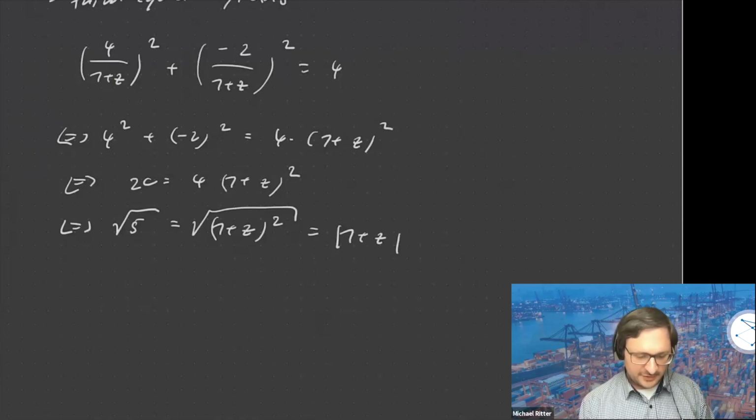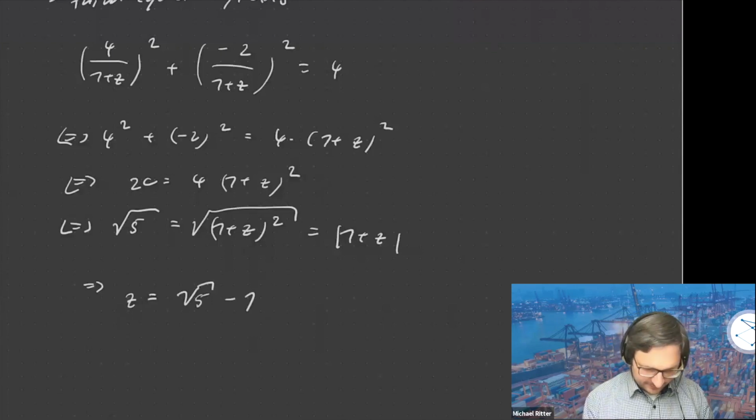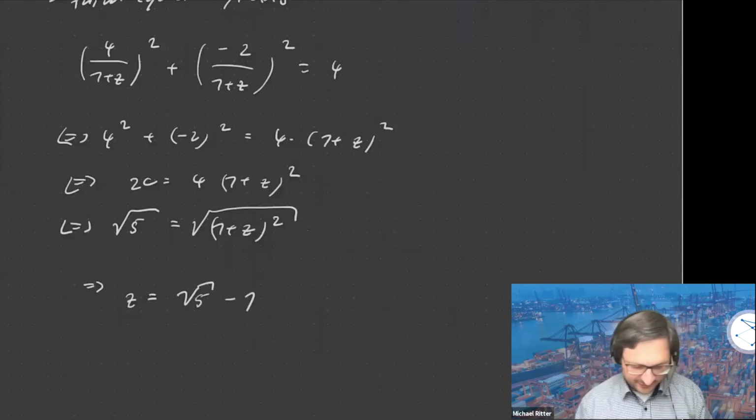So what happens if we solve that for z? Well, let's forget about the absolute value for a minute and just solve that. We can just say, well, z is then obviously the square root of 5 minus 1, or actually, I should have been more careful here. Let's do that differently. Let's forget about that because I don't like to deal with absolute values.